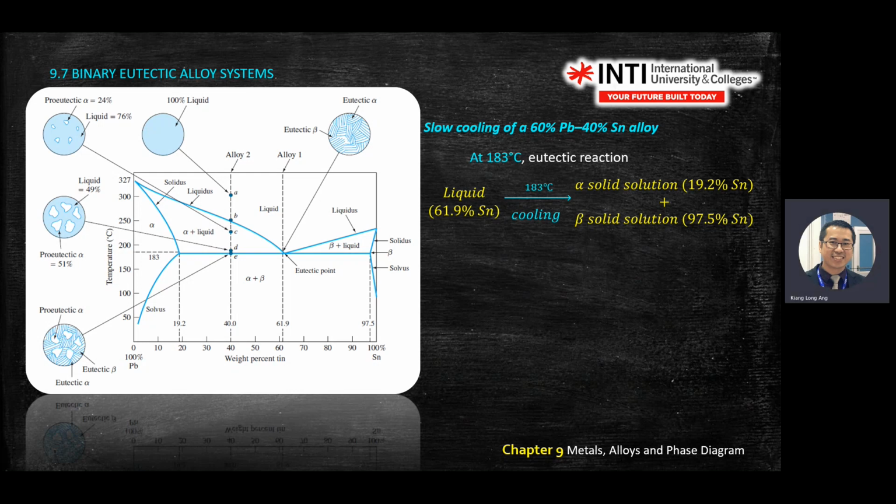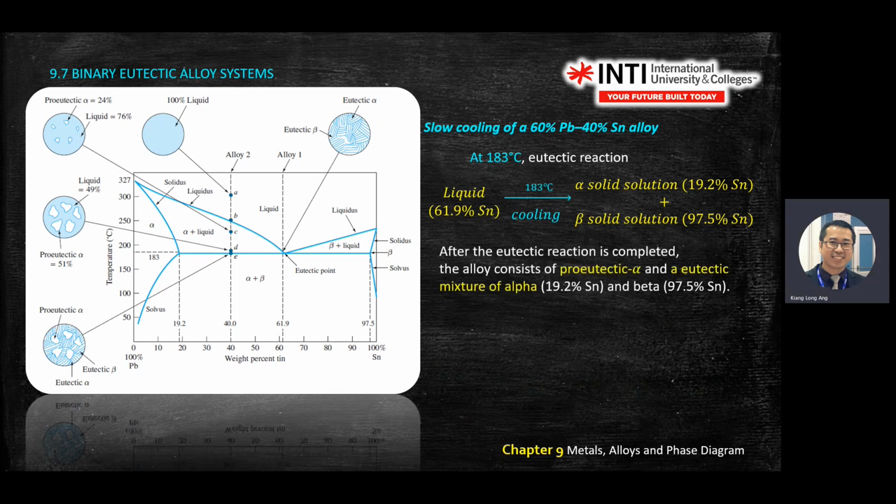For the horizontal line, the eutectic line that you draw, look at the left-hand side and right-hand side of the line. You have alpha and beta in this simplified diagram. So after the eutectic, the complete alloy consists of pro-eutectic, the first solid that you see here, and the eutectic mixture of alpha and beta.